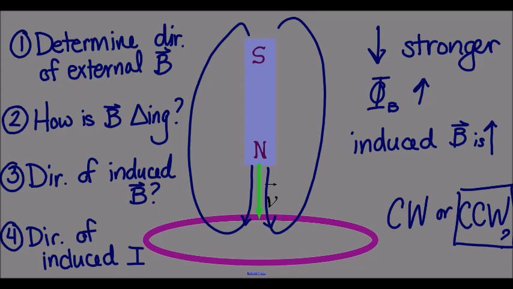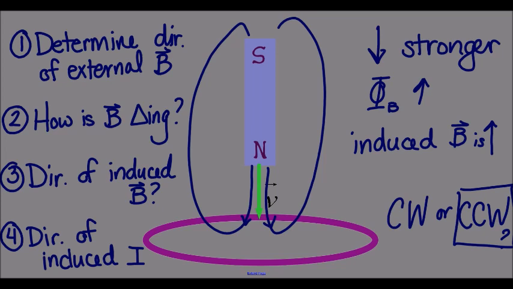Let's do a little thought experiment to help us make sure if we really understand this. Let's say instead of the North Pole moving toward the loop, let's say we're moving away from the loop. I'd still have a downward field, but this time the field would be getting weaker, which means my flux would be decreasing, and we don't want the flux to decrease.